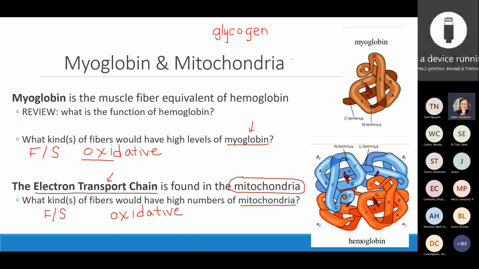It's finally not oxidative. Exactly. Yep, it's not a fun word to spell, but the word is glycolytic. If I said, hey, I'm going to give more glycogen to a type of muscle fiber, we want it to be the type of muscle fiber that uses glycogen as its energy source.